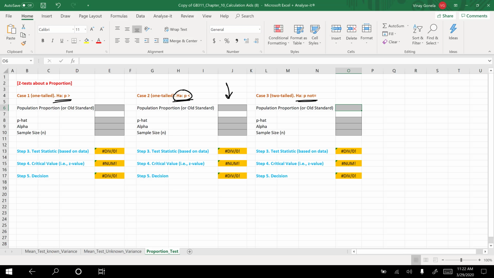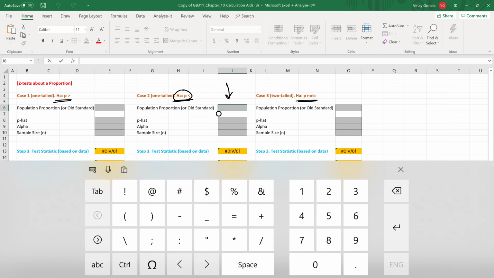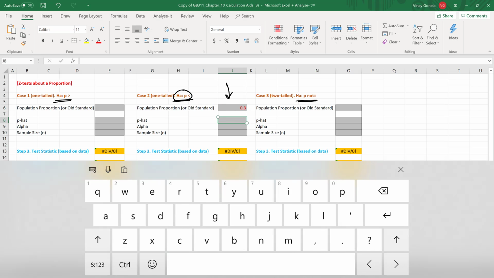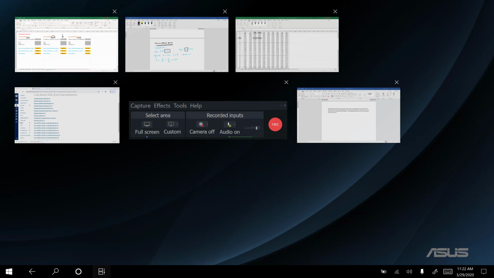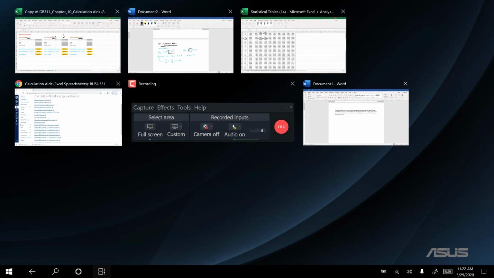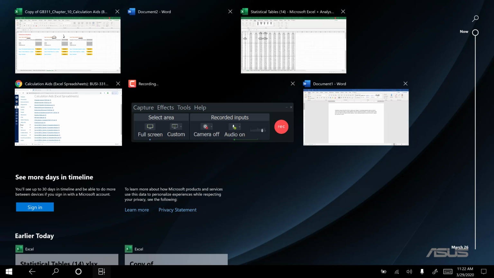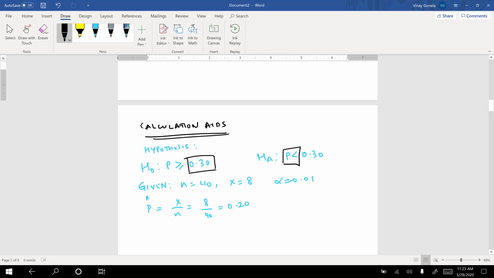Again, gray ones are the ones where you need to fill in. So this is 0.30, and then p hat. If p hat is given, you will just directly key it in.